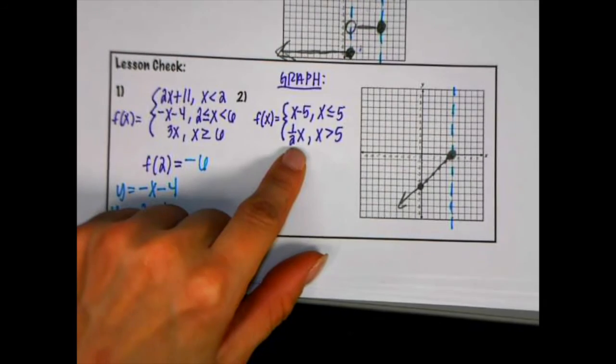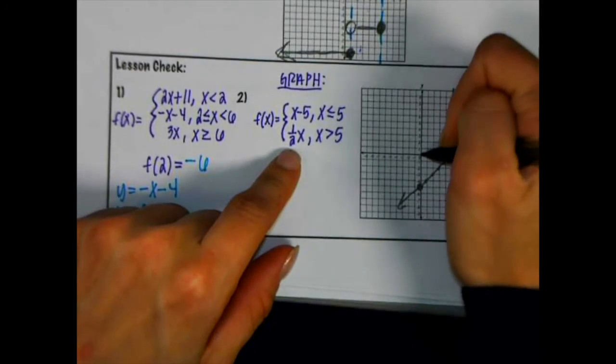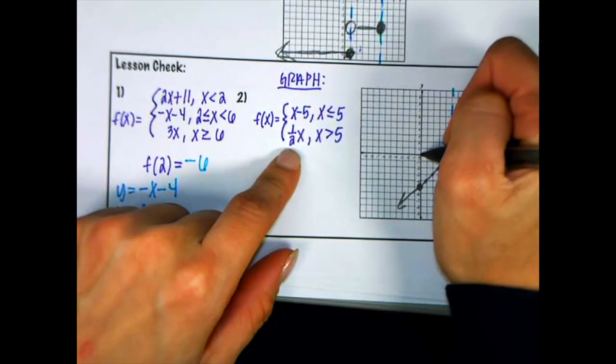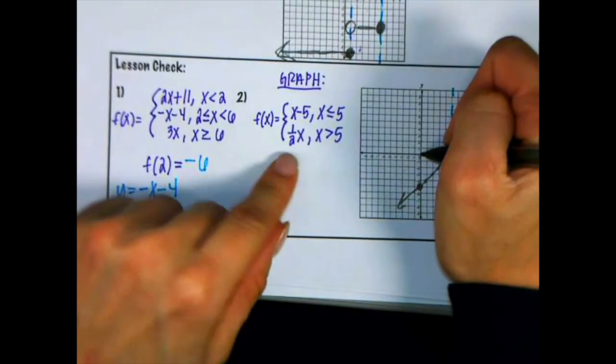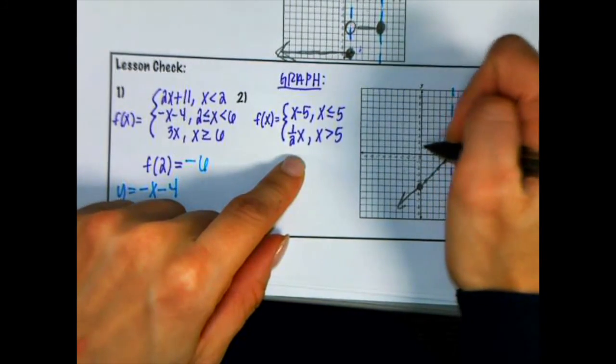Okay, then this one, the bottom one, what's my y-intercept? Nope. Y-intercept? What's my b? 0. Yep. Sorry, 0. I'm just not going to draw anything until I get to the line. Okay? So then what's my slope? 1 over 2, so up 1 over 2.